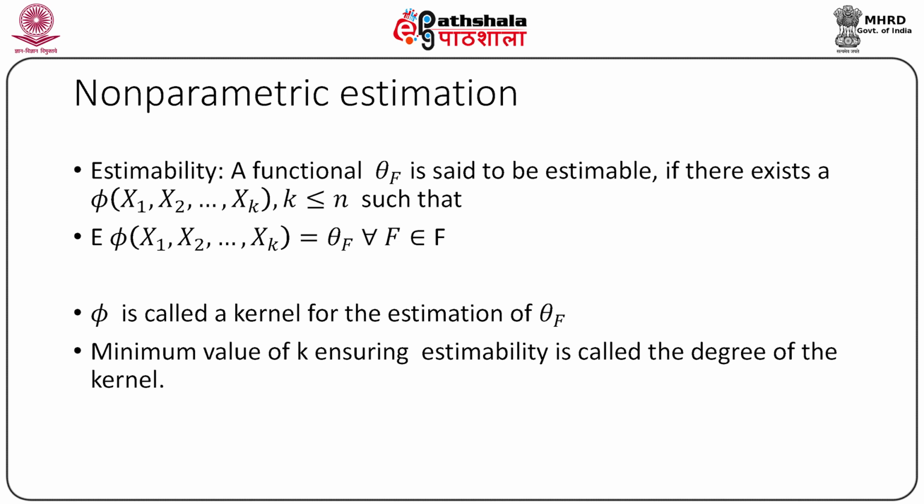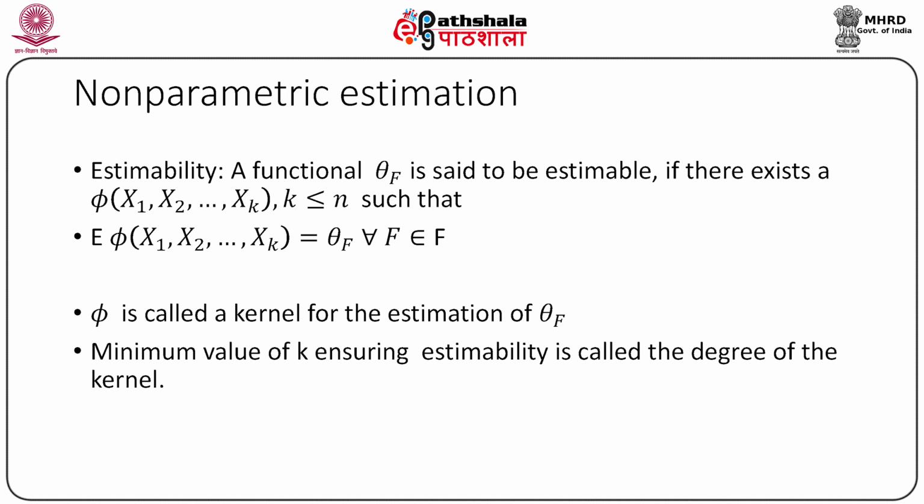We have already introduced functionals and statistical functionals or plug-in estimators. Suppose x1, x2, ..., xn are IID observations from F, and theta(F) is a functional defined on script F, the class of all absolutely continuous distribution functions.